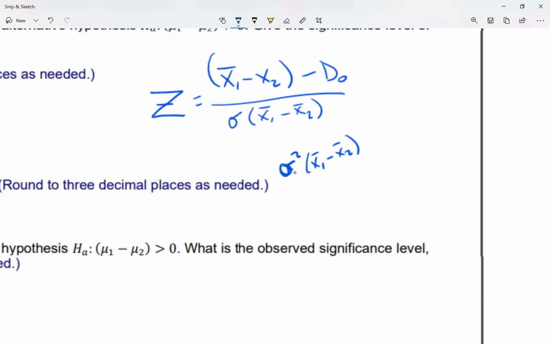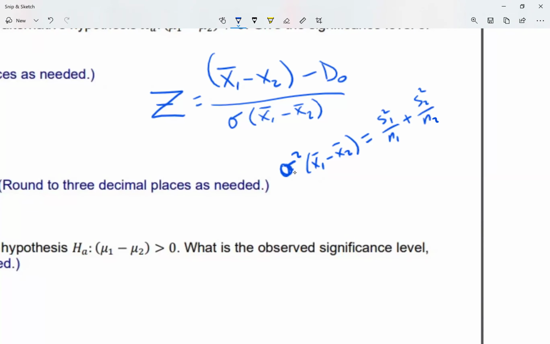The variance is going to be S1 squared over N1 plus S2 squared over N2. That's the variance. But I need the standard deviation. So to get rid of this squared, I'm going to do the square root of this.